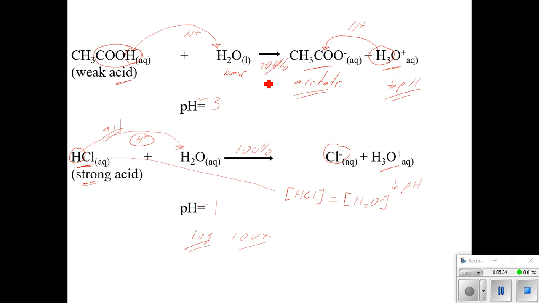In fact, it's only about 1% of the protons that are donated, and it ends up being a much larger number, like 99%, that are going in the opposite direction when this reaction is at equilibrium. And remember that the pH is determined by the hydronium ion concentration. So if this is 1% and this is 100%, well, that's 100 times difference in terms of the acidity, and that's why we see these differences in the pH.